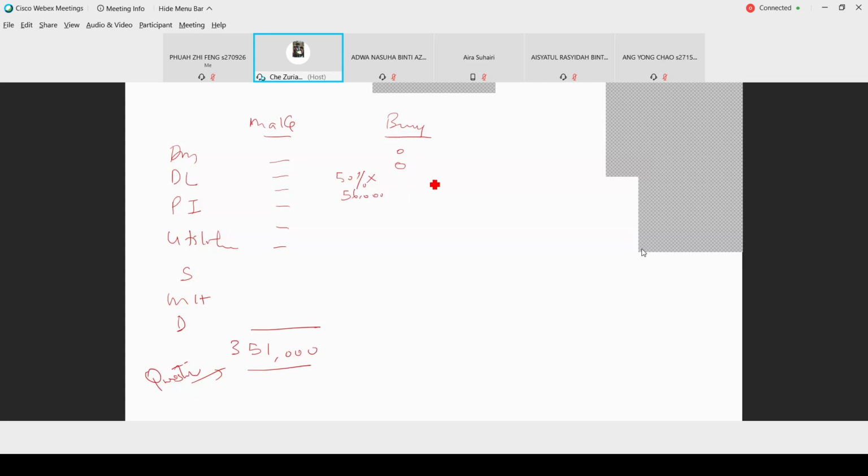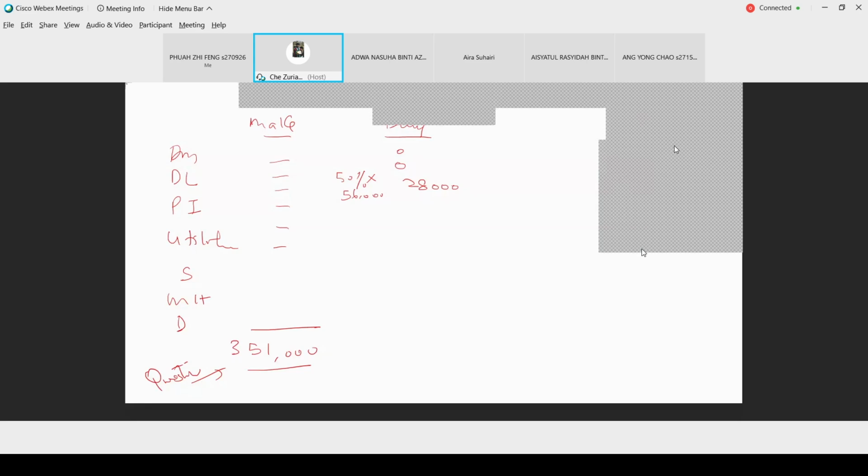So you dapat 28, betul? Nabila faham lah tu. Semua orang faham tu, siapa lagi yang faham? Sebab later exam nanti banyak yang boleh. Alright. So this is utilities. Utilities you can save 30%. Okay, can be reduced 30%, right?